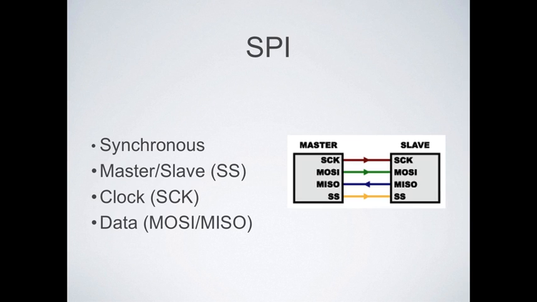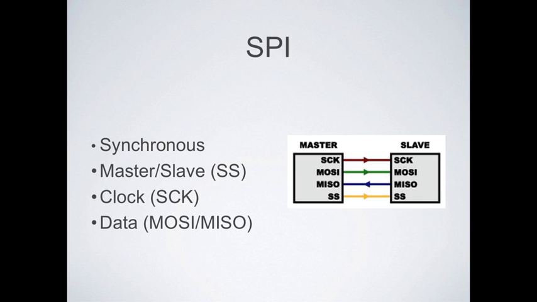And MISO is master in, slave out. That's where the data goes from the slave back to the master. We also have a slave select line, which is the orange one, and that determines which slave you're trying to talk to.